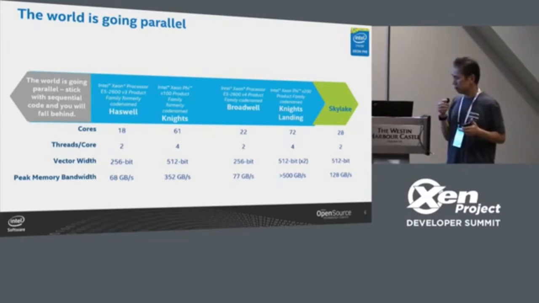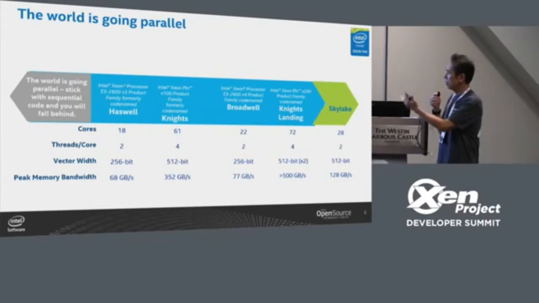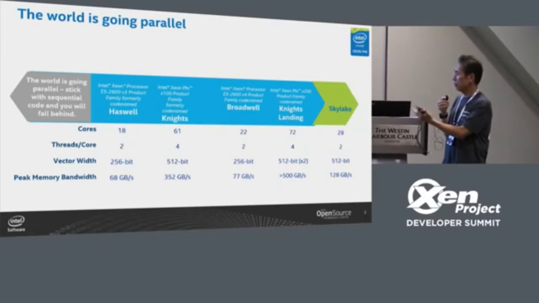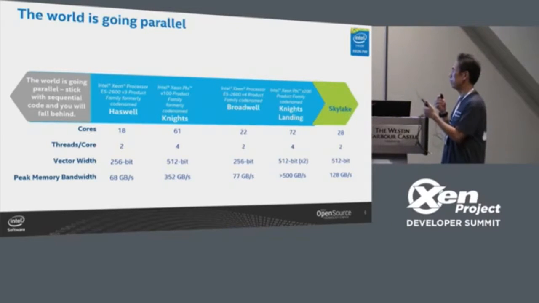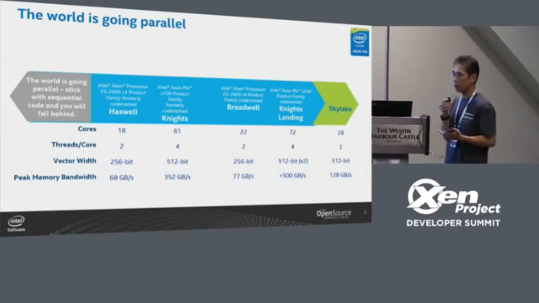For high performance computing, the key factors are the number of cores, number of threads per core, vector width, and peak memory bandwidth. If you look at the number of cores, compared with the Xeon Haswell, Knights Landing has many more cores.